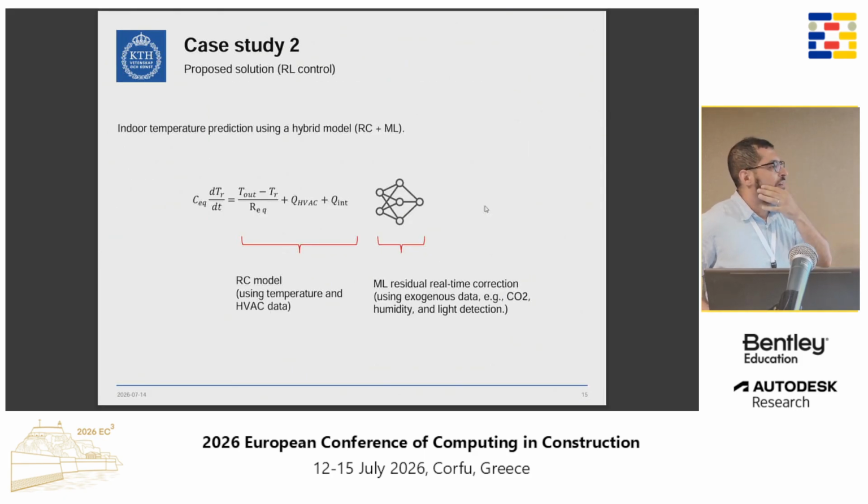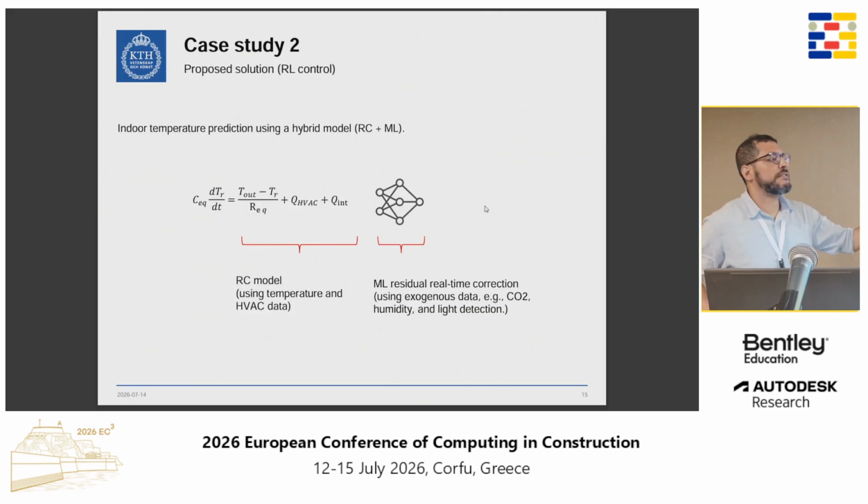Also, we want to drive the air handling unit, again with reinforcement learning, but this time we cannot, of course, interact with the system directly because it's not healthy for the system. We need to first pre-train with a model, and the model is a bit different. It's a hybrid model: an RC model plus a correction term based on machine learning.